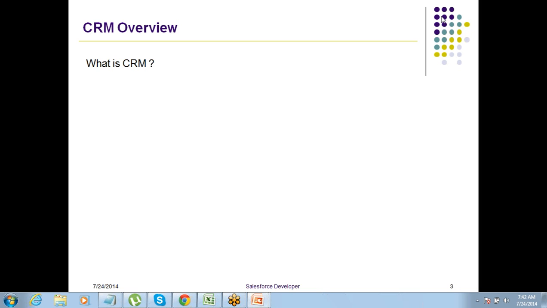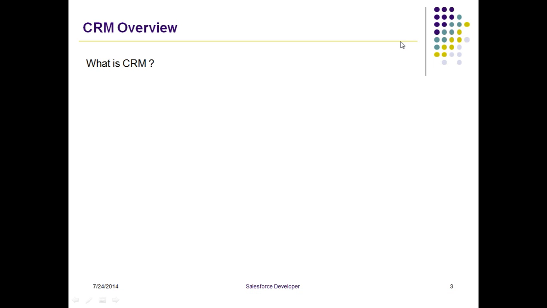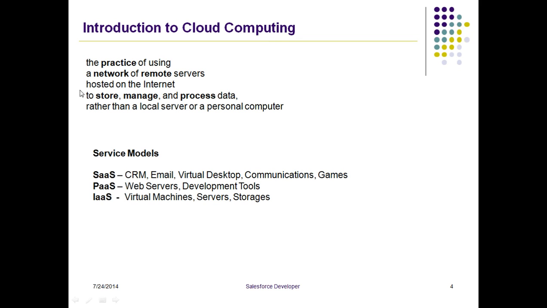Okay. So before we understand what that cloud-based server is, let us get a little into the cloud computing thing. Cloud computing is the practice of using a network of remote servers, which are not locally located, remotely hosted on the internet.